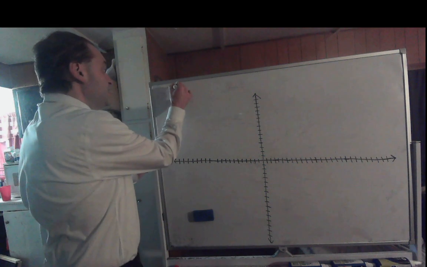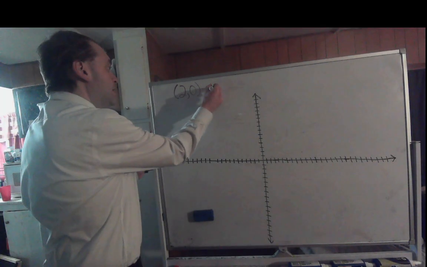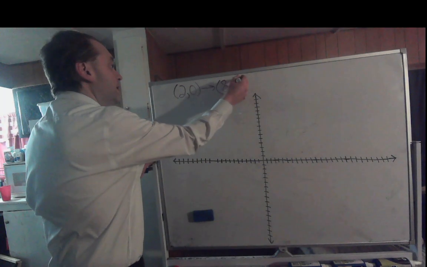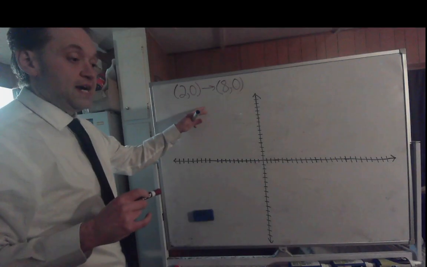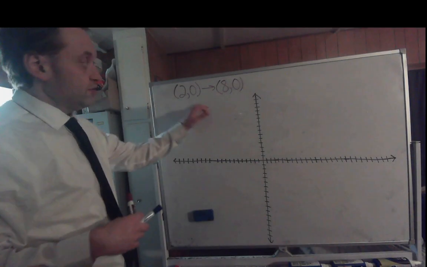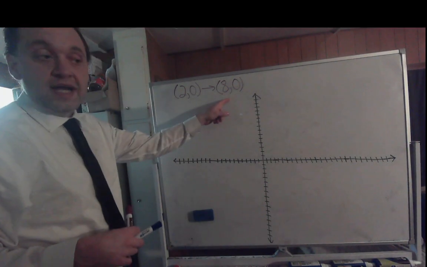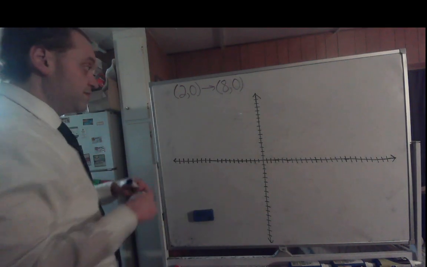So let's say you start out at the coordinate 2, 0, and you go to 8, 0, right? We need to find the scale factor. So 0 to 0 is 0, right? But if I go from 2 to 8, well, that's a scale factor of 4, right?